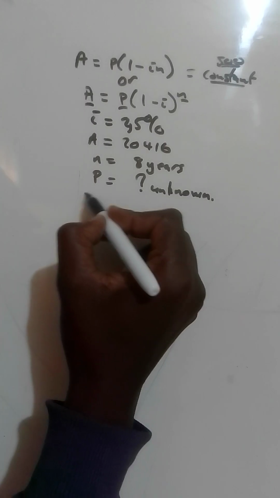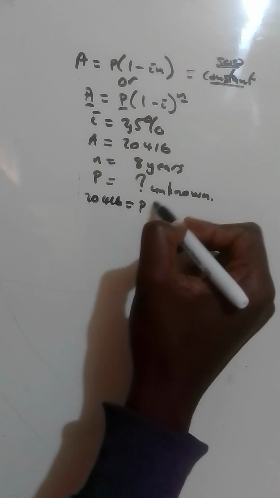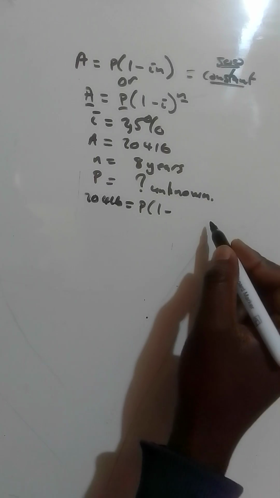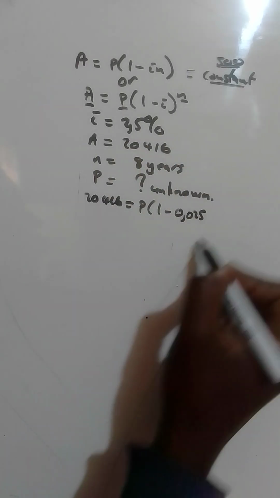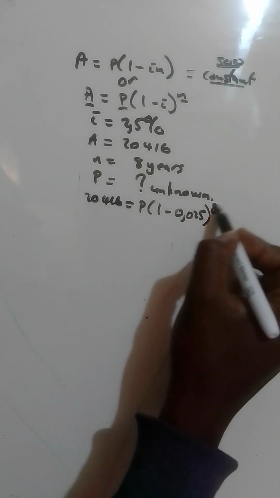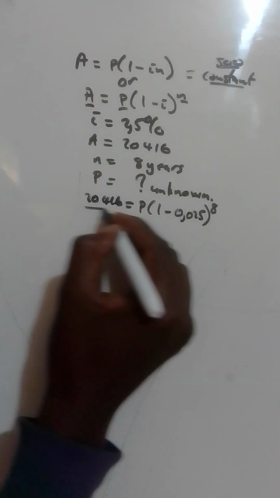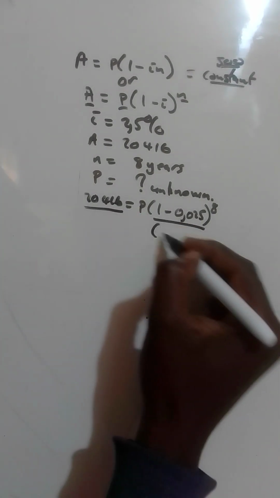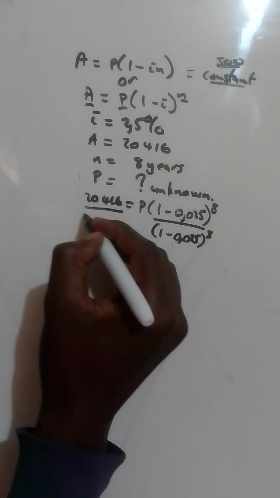So now that I have filled this out, I know what to do. I need to substitute. So now I say my A is 20,416, which is equal to P, unknown, open bracket 1 minus the rate of decline, 2.5%, which is now 0.025, close bracket to the power 8, right? When I've done this, now I'm looking for P. So I divide both sides by open bracket 1 minus 0.025 close bracket to the power 8.